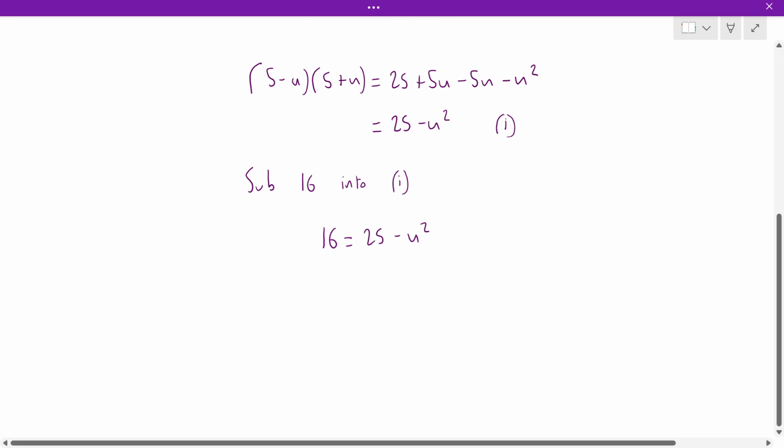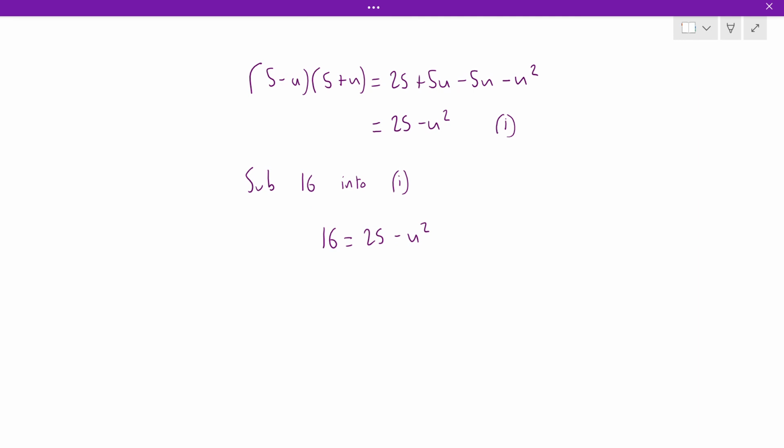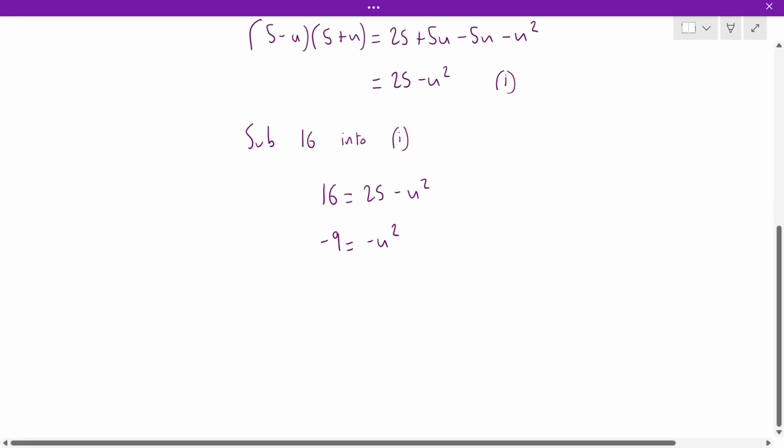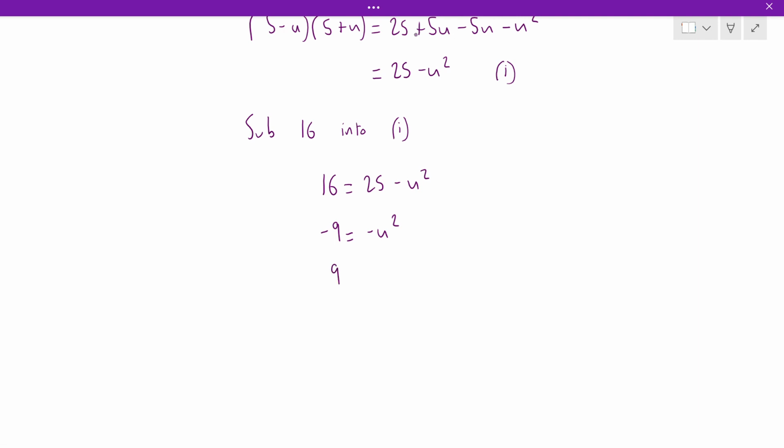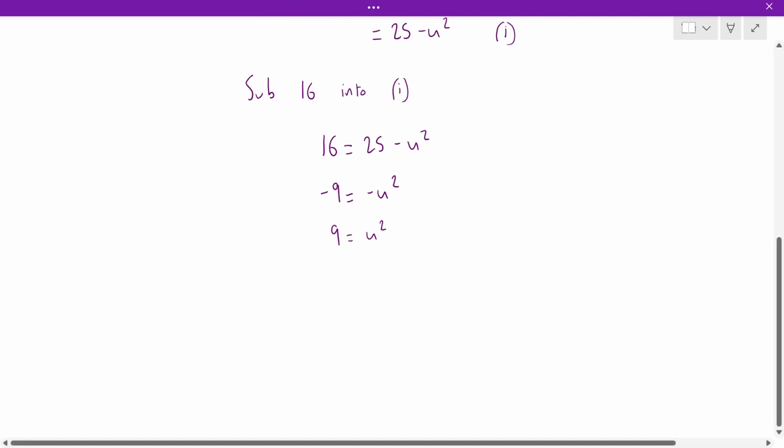We want to move the 25 to the other side. That means subtracting 25 from both sides. So 16 minus 25 is negative 9 equals negative u squared. Let's multiply both sides by negative 1 just so I can get rid of those negatives. Negative 9 times negative 1 is 9, and on the other side we're left with u squared.